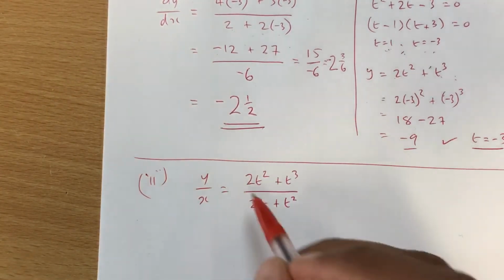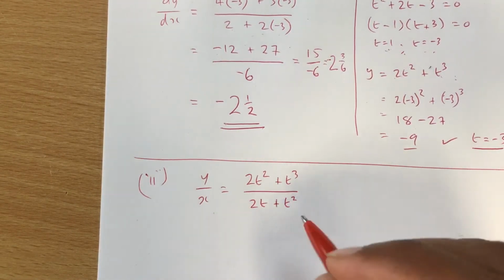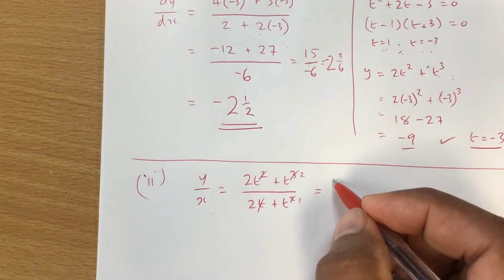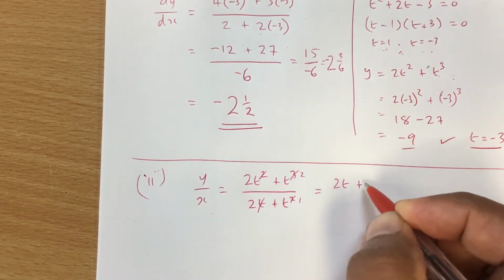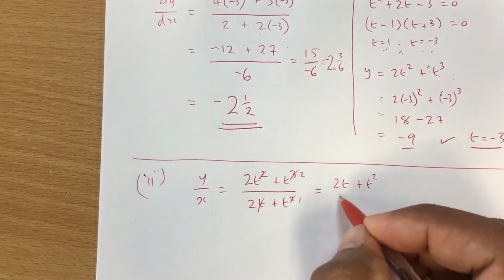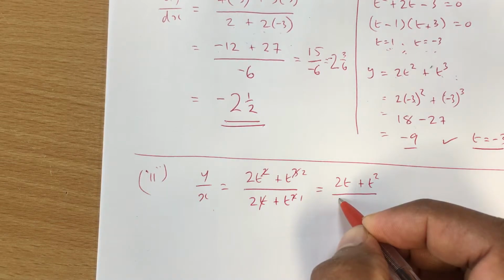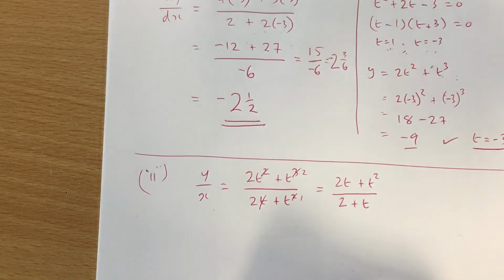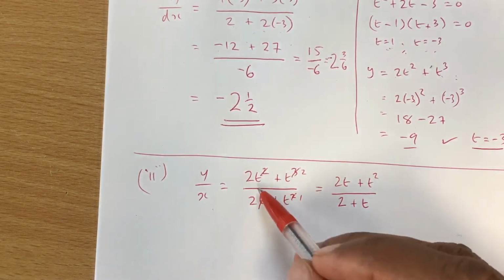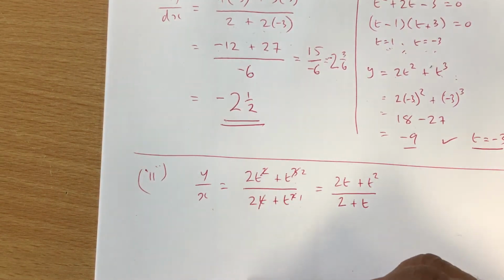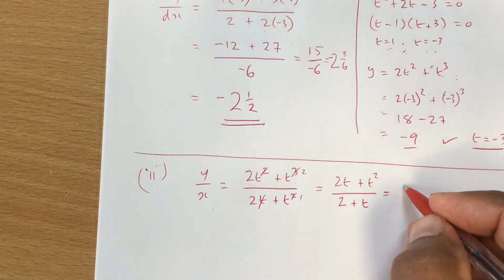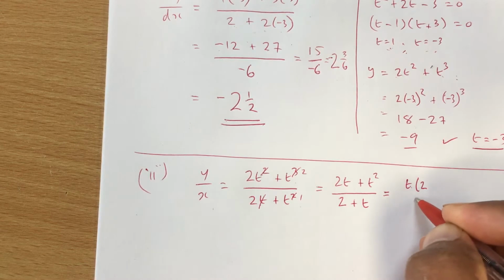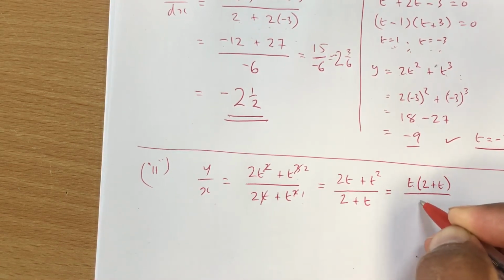First of all, I can cancel out a t from each term, which gives me 2t plus t squared over 2 plus t. Furthermore, I can factorize the top: taking a t out gives t times 2 plus t, all over 2 plus t.